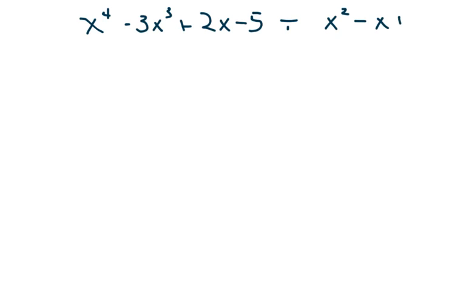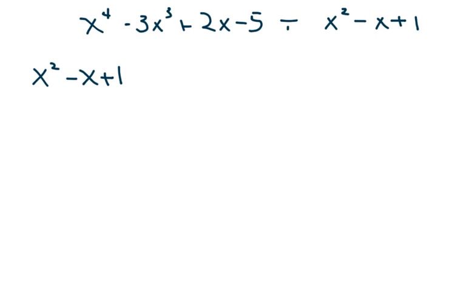Okay, the next one we're going to try is x to the 4th minus 3x cubed plus 2x minus 5 divided by x squared minus x plus 1. So I'm going to write this out, x squared minus x plus 1.